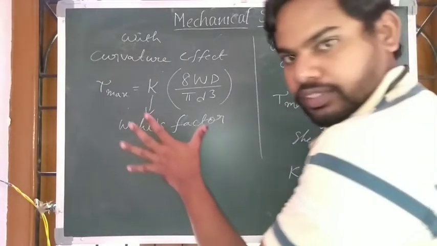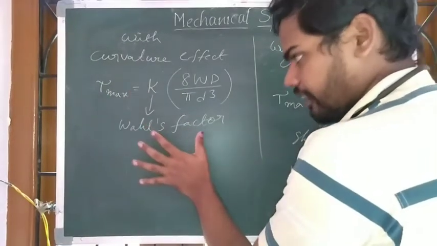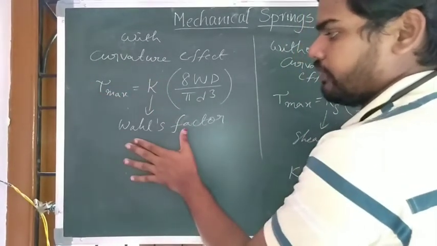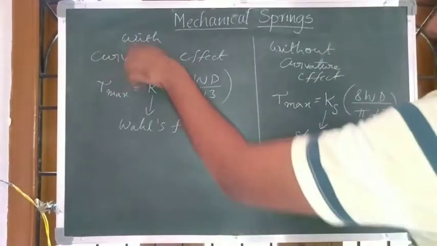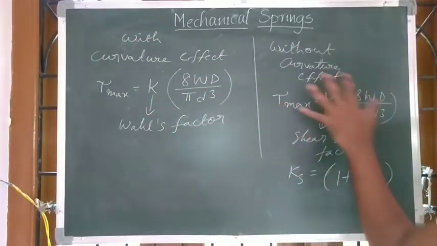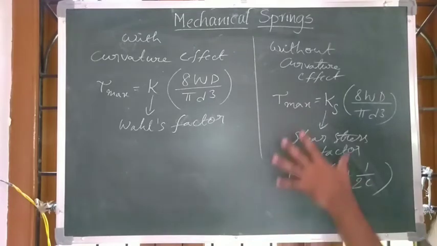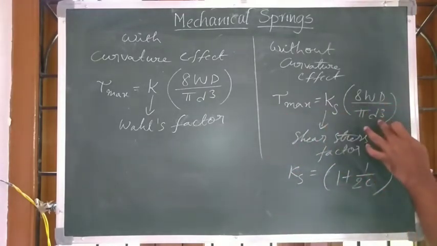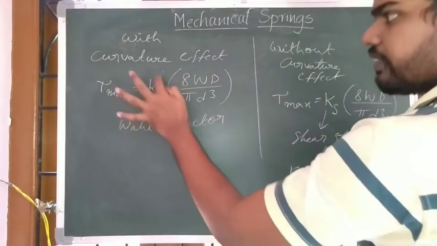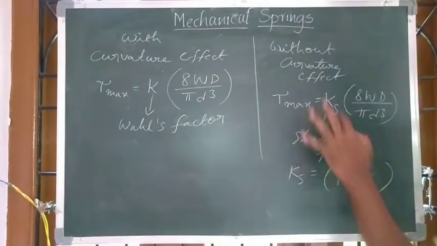If the curvature effect is considered, then we go for the Wahl's factor. If the curvature effect is negligible, then we use tau maximum is equal to Ks into 8WD by pi d cube. Only difference is the factor Ks and K.